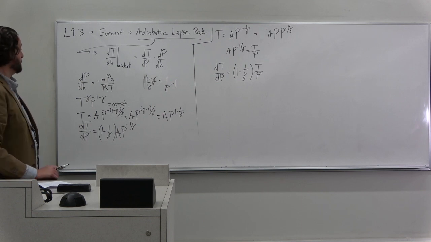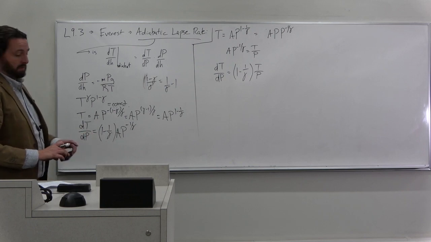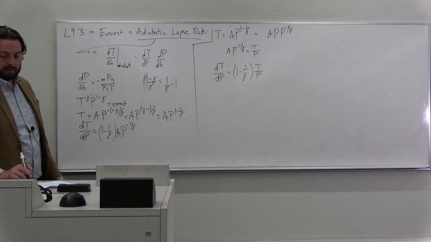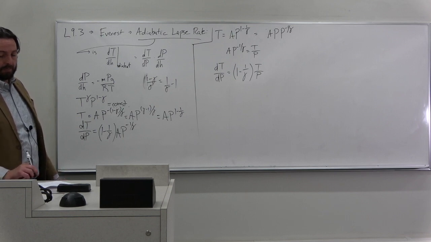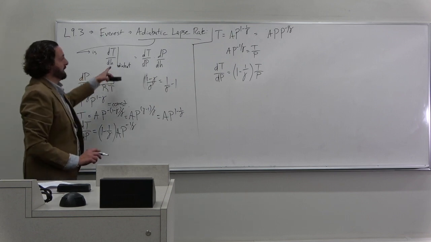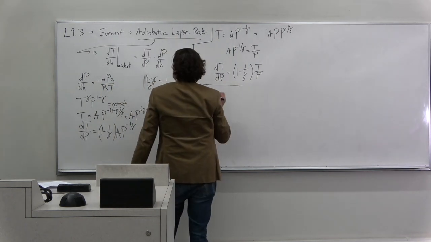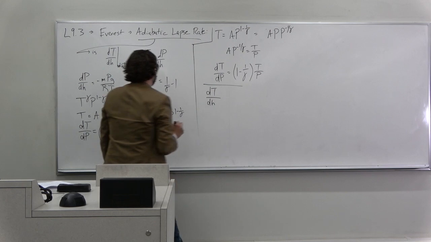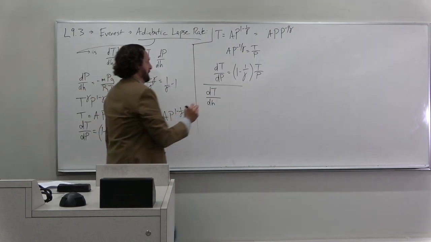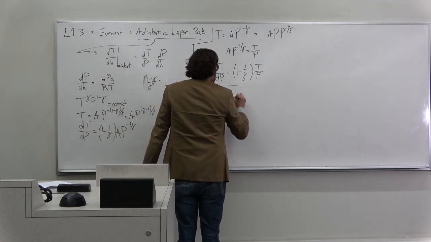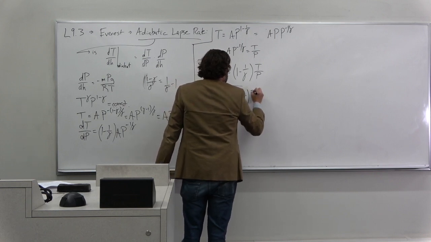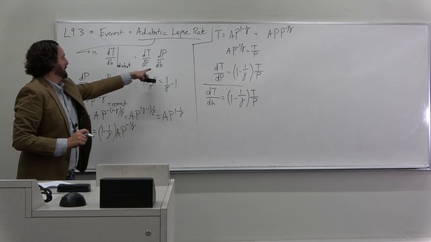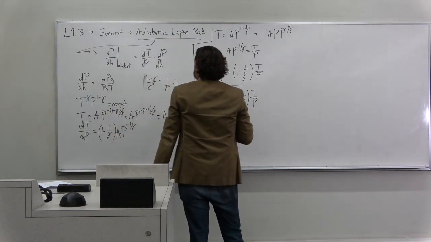Now, let me take a look. Oh, I see. Yep. So now all we're going to do is combine them, right? So dT/dH is going to be 1 minus 1 over gamma T over P times dP/dH, right?